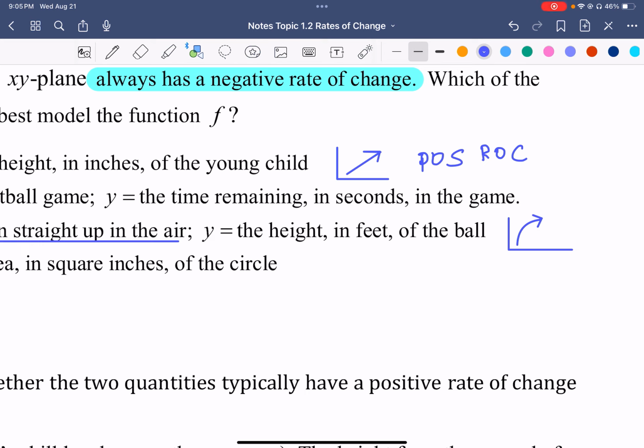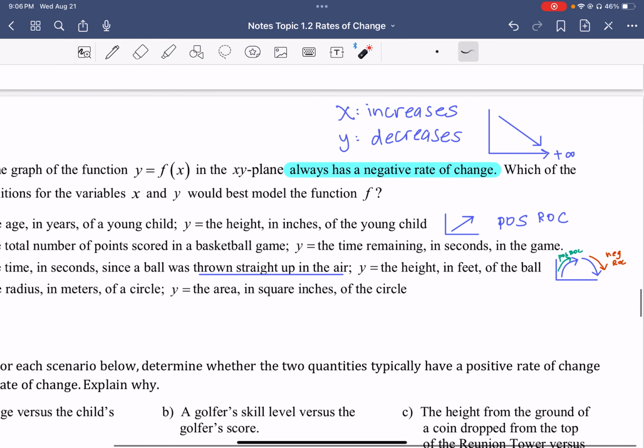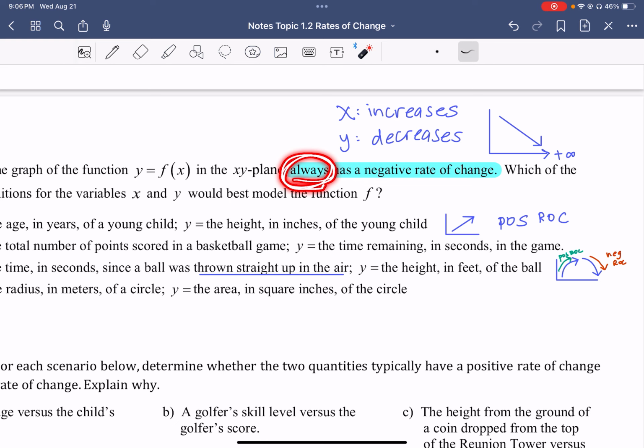Well, I know that everything that goes up has to come down, so eventually that ball will come down, right? But what that means is that this can't be the answer because of that rate of change at the front. So this one has a positive rate of change, while this one has a negative rate of change. So C can't be the answer because the question said always has a negative rate of change.